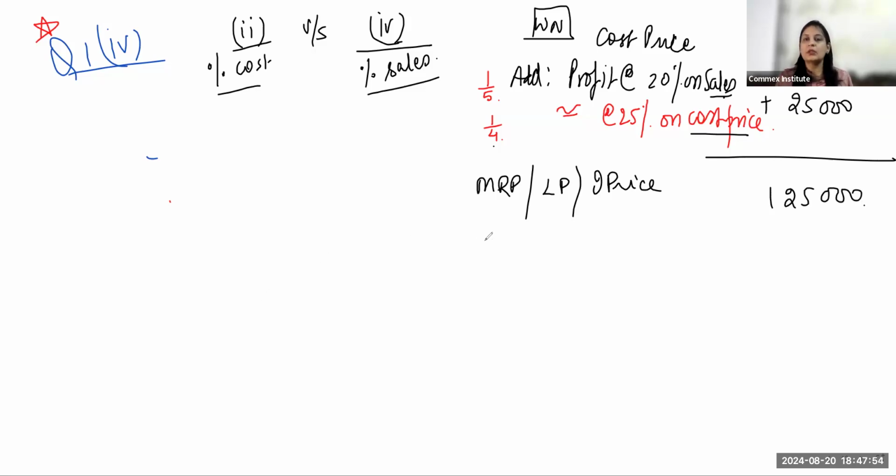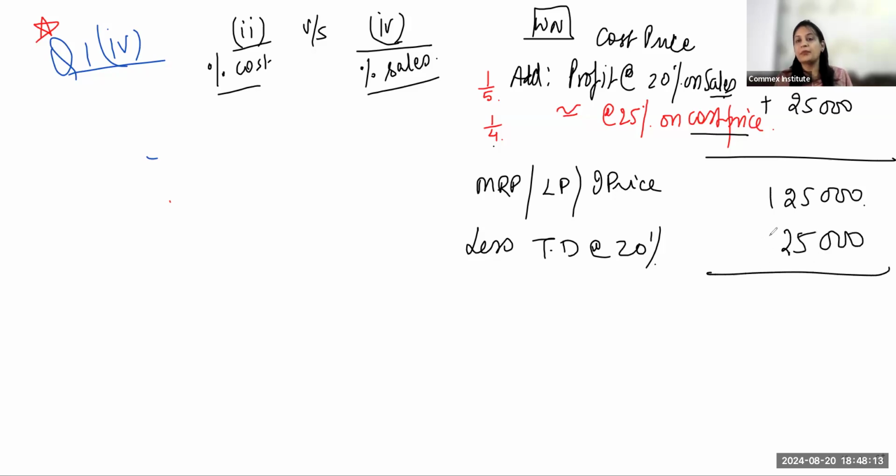And with this, we have to deduct the trade discount. So less trade discount at the rate of 20%. 20% of 1,25,000 would be 25,000 again, but we have to show it. Okay, so again it becomes 1 lakh.